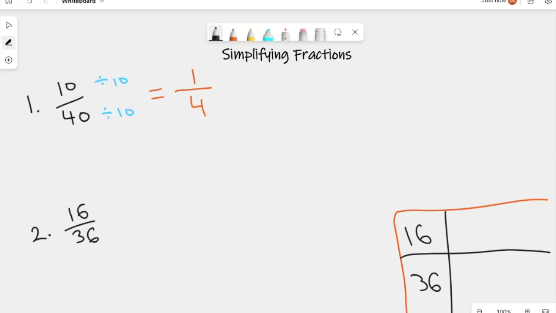So let's look at what numbers go into 16. The most obvious ones are 16 and 1. We'll have that for all numbers. And we also have 4 and 4, because 4 times 4 gives us 16. Now, in 36, what are its factors?